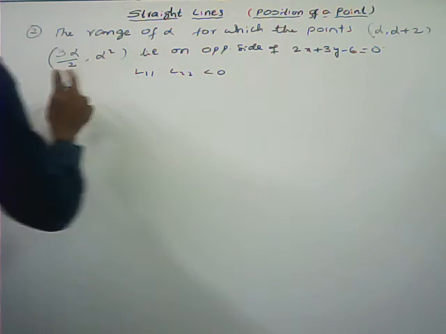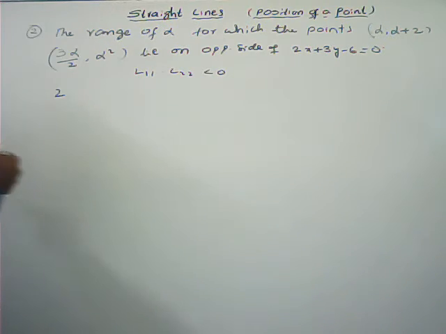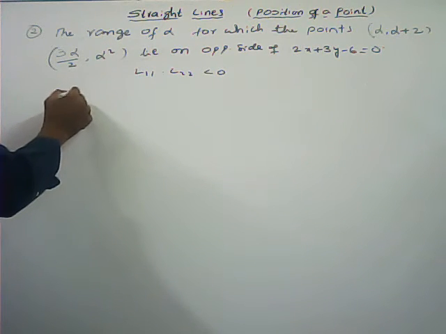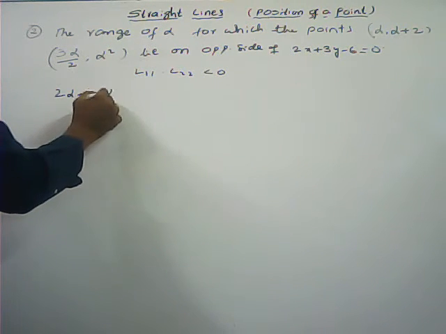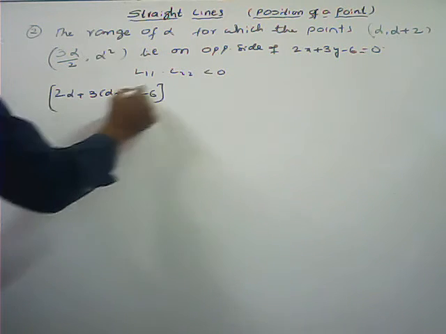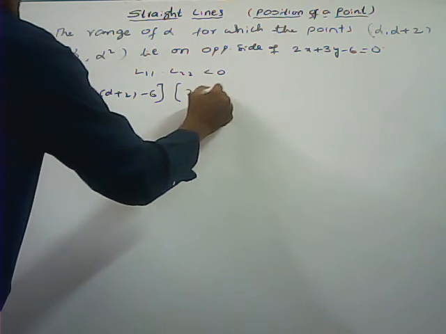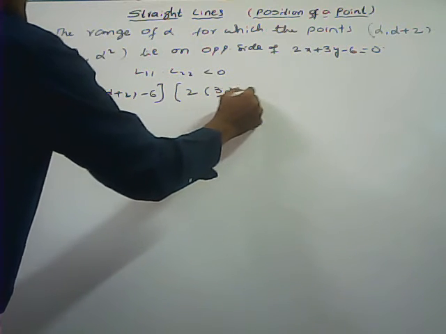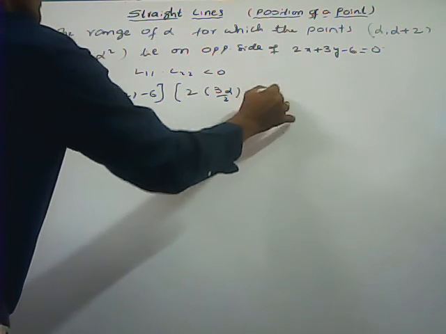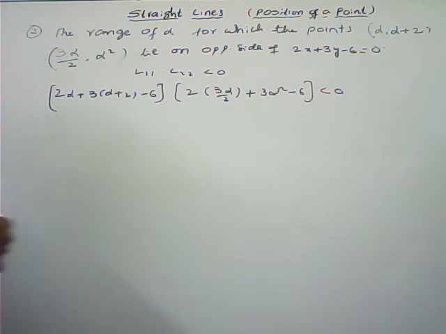In the place of x comma y, substituting first coordinates: 2 alpha plus 3 into alpha plus 2 minus 6, into L22: 2 into 3 alpha by 2 plus 3 into alpha square minus 6, that is less than 0.